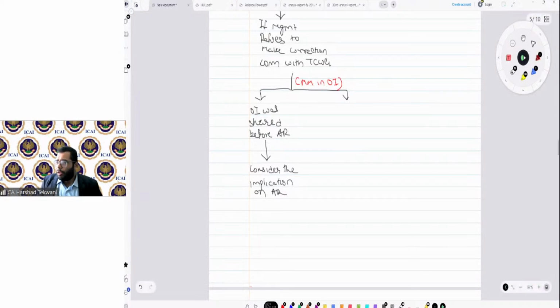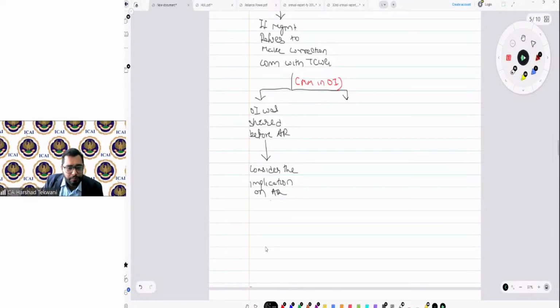In that case, I may also include this particular thing, that there is an uncorrected misstatement, in a paragraph as per SA 720.